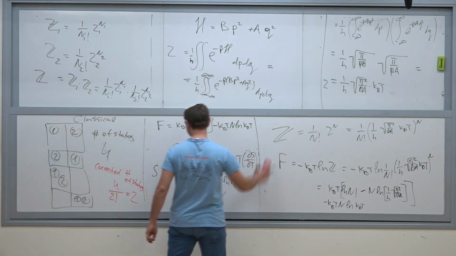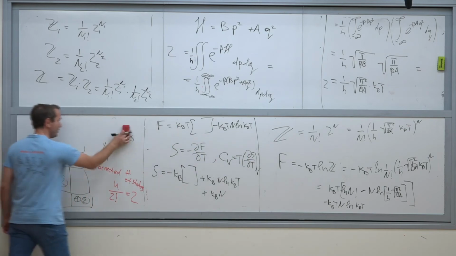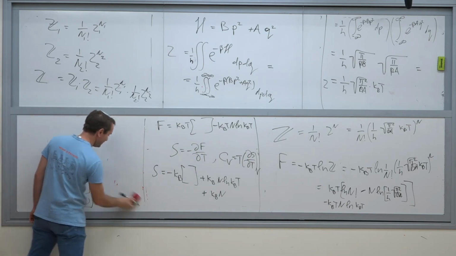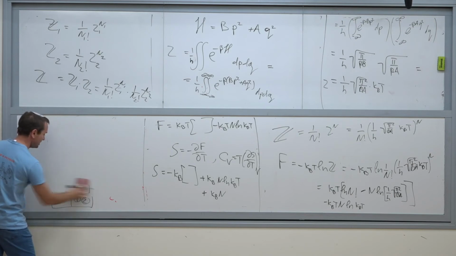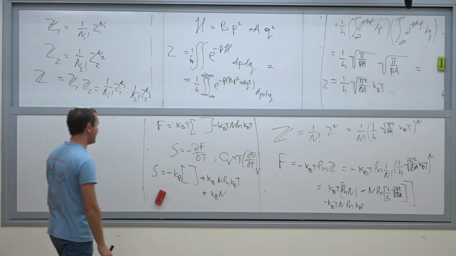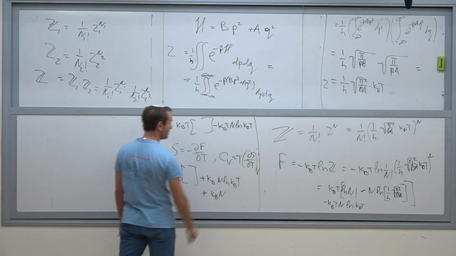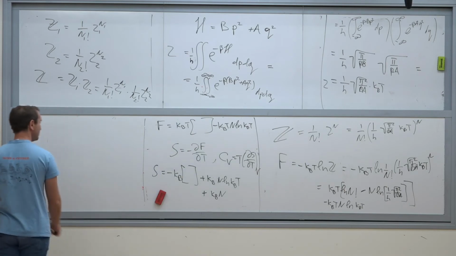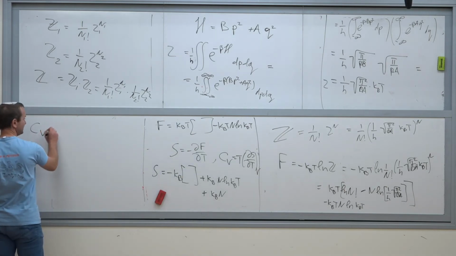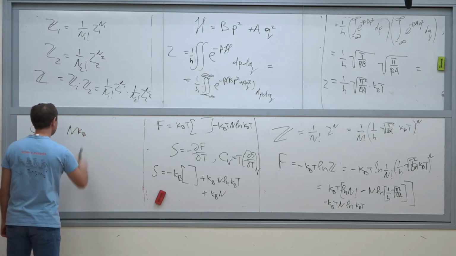This is S. Now I'm going to compute the heat capacity, which is again just taking an additional derivative with respect to T. Volume is constant, so the number of particles is constant, everything is constant, so CV is n multiplied by k Boltzmann.